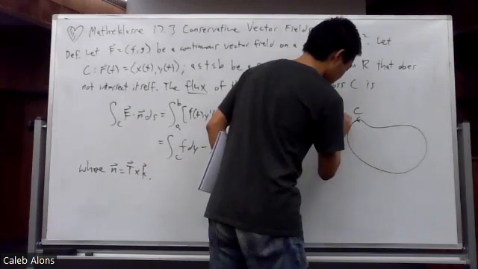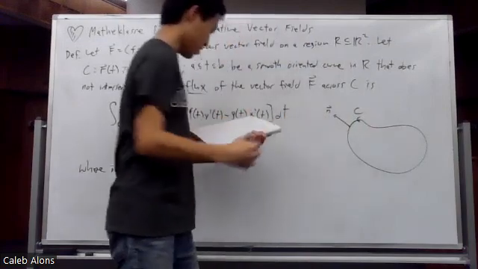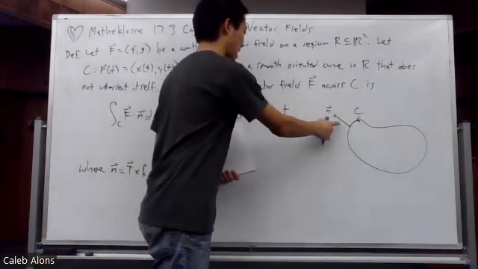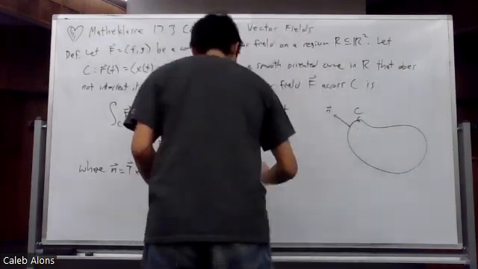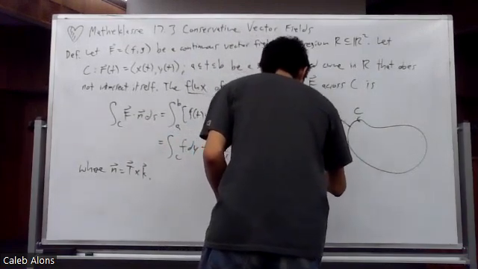So the normal is coming out of the curve. And so this is what we would consider outward flux.